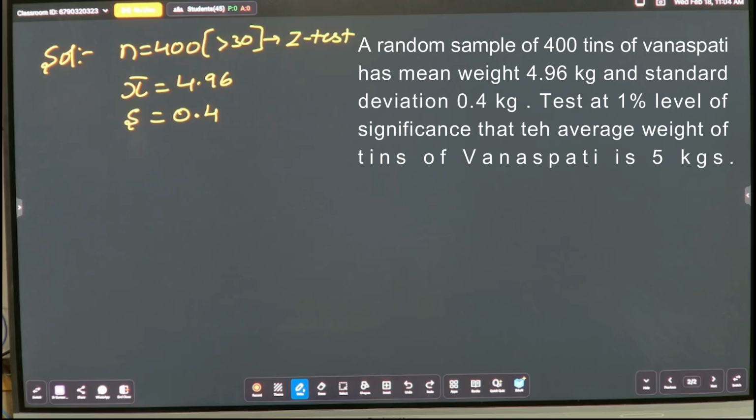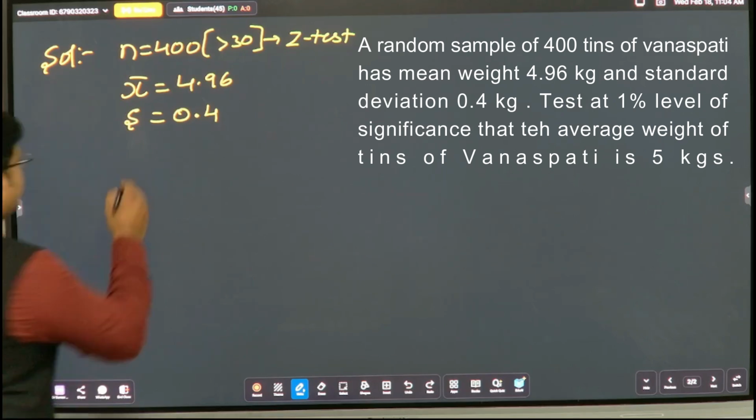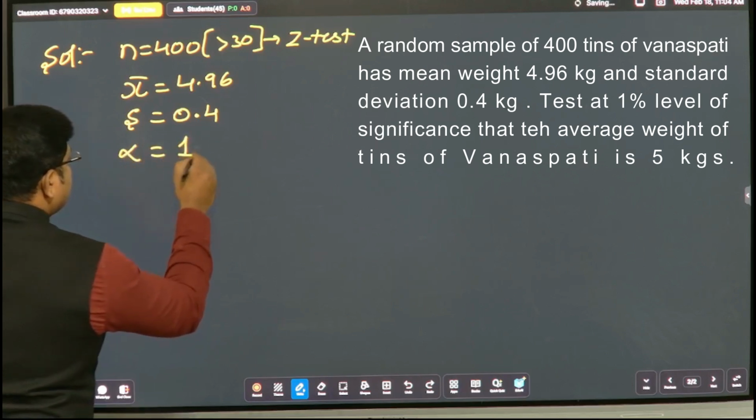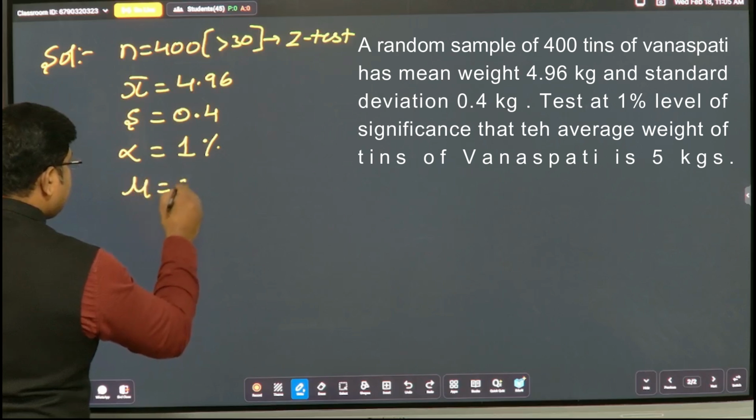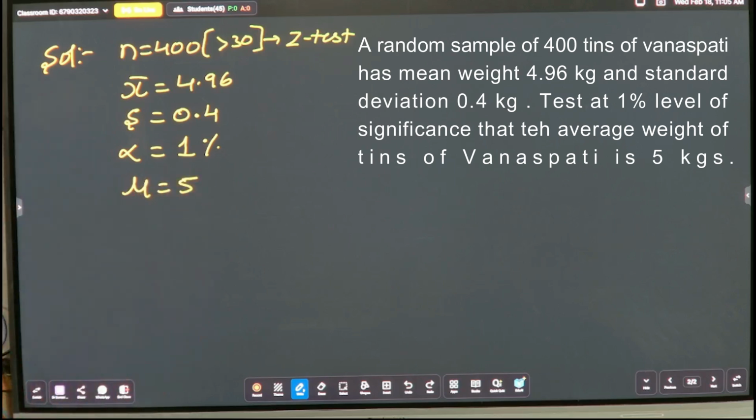What next? Alpha is equal to, okay, next, what is that? The average weight of tins of Vanaspati is 5 kg. What is that? Mu is 5, right?